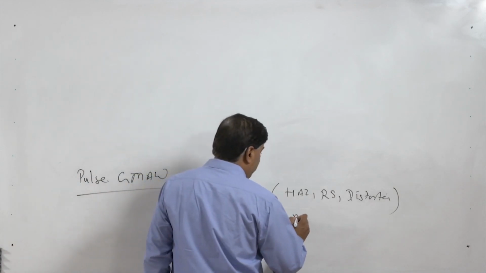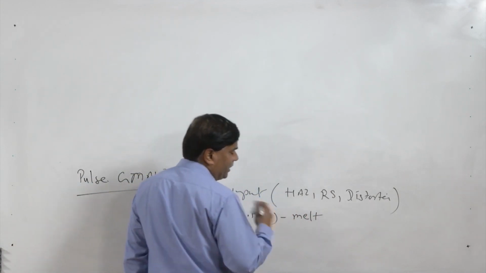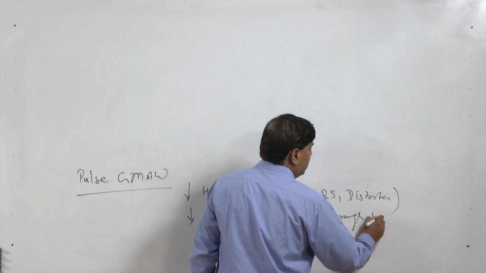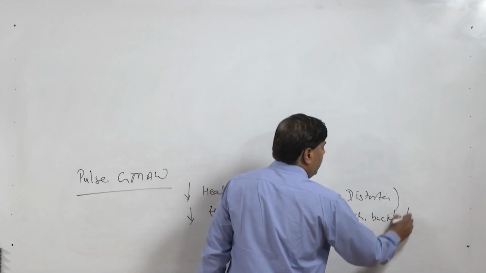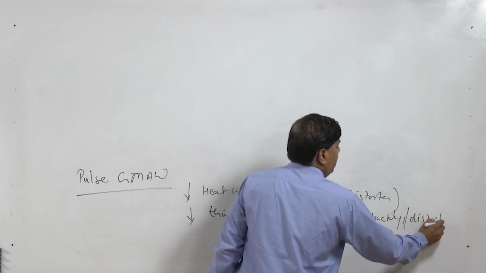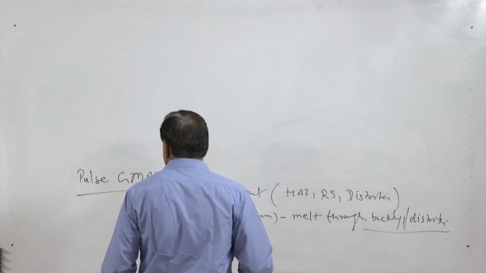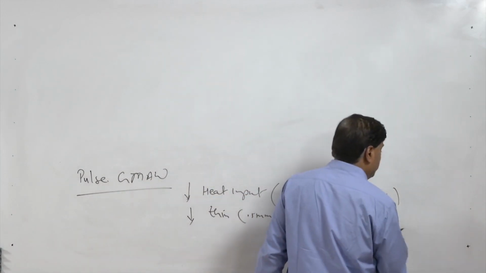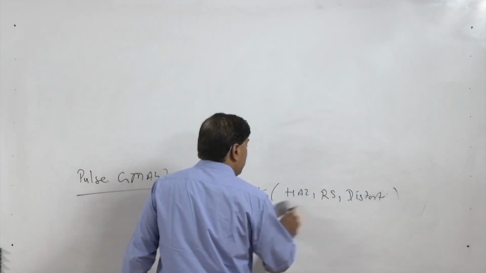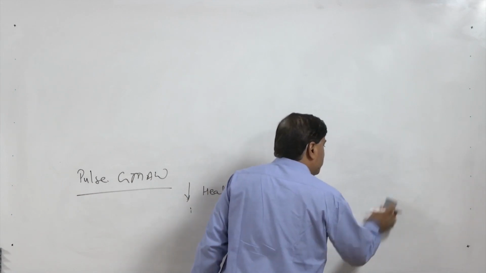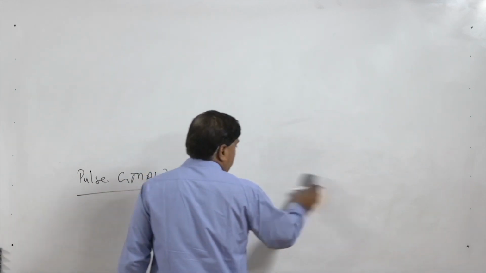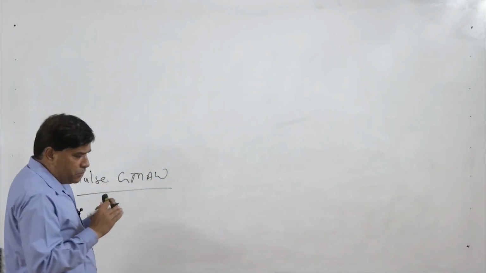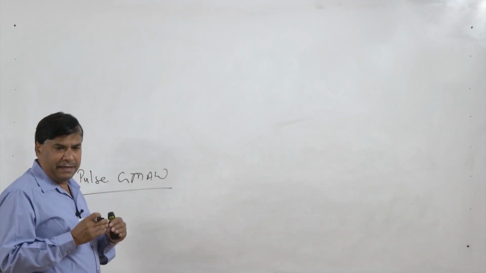In the welding of thin sheets, the melt through situation will be there, and then there will be buckling or distortion, achieving a shape which is not desired, meaning warping and buckling of the sheets will lead to joints which will not serve the purpose due to the change in size and shape. So this is what we conventionally get in the case of conventional welding.